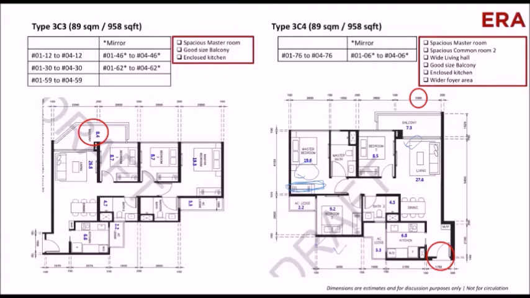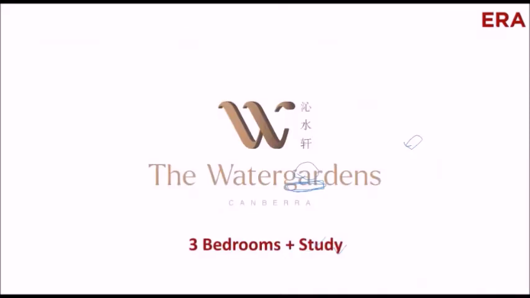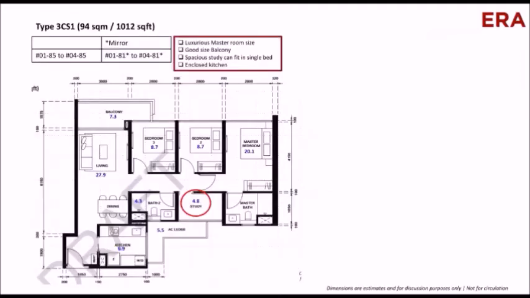It's just like the standard layout, and the difference between the 3-bedroom compact versus the study is over here only. The study is circled at 4.8 square meters. So the difference will be just this study space. For them to enter the 3-bedroom choice, it's a very low entry, 1.36.